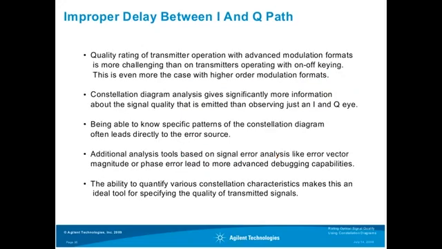So now I have shown you an overview of the major impairments that could arise when designing a transmitter or, for example, during manufacturing. And I would now like to draw a conclusion about what we have learned from these examples that I have shown you, which were measured with this new instrument.